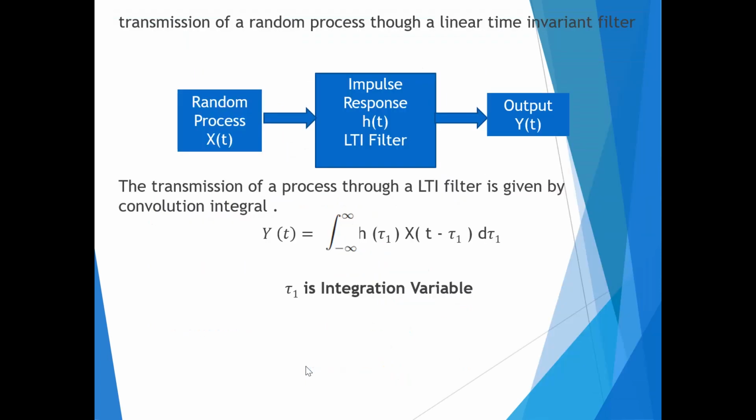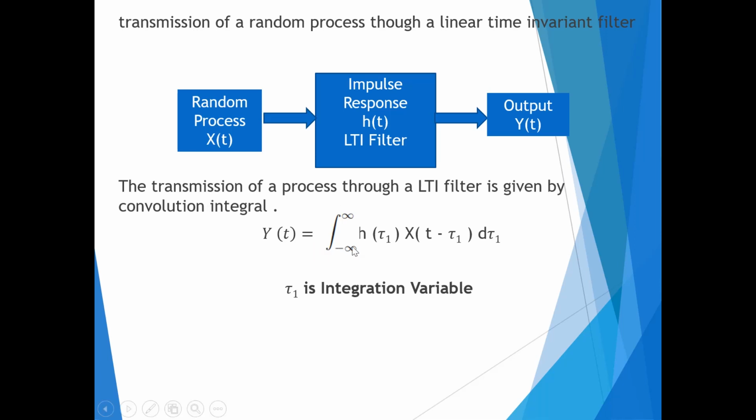Now here we can see a transmission of random process through a linear time invariant filter, that is LTI filter. We have the impulse response h(t) of the LTI filter over here. The given input is a random process x(t), and the output we have is y(t). The transmission of a process through an LTI filter is given by a convolution integral.